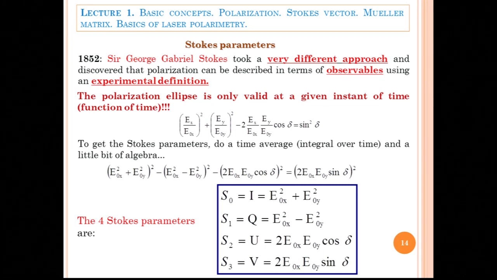Here we deal now only with amplitudes, without time. And these parameters he called his own Stokes parameters.